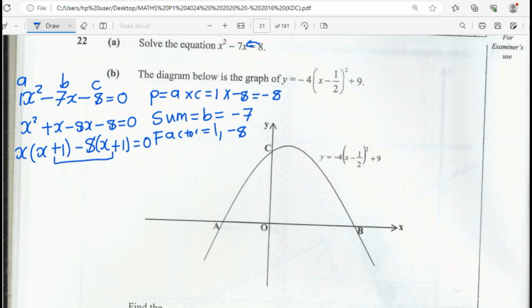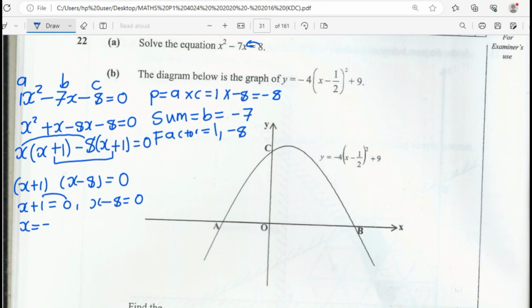We can see that these two brackets are equal, so we factorize: x minus 8 forms its pair. Equating, x plus 1 is equal to 0 and x minus 8 is equal to 0. So the first value of x is -1 and the other is +8, and we still get the same values.